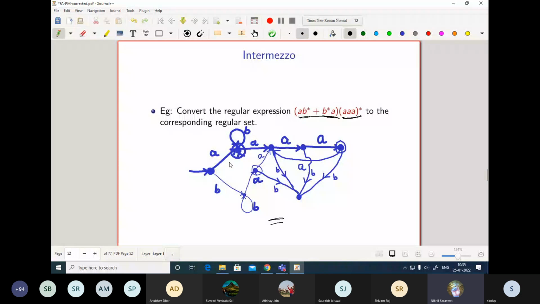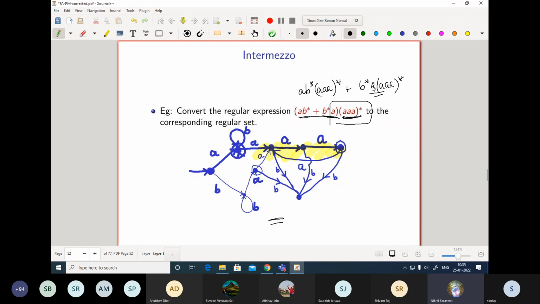So what are we doing? We have A and then we loop over B, and then this A star portion is captured by this part of the DFA. Okay, and then you also have B star. You also have another set, so you have basically AB star, AAA whole star plus B star AAA whole star.